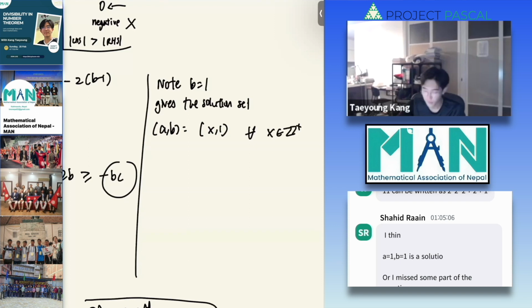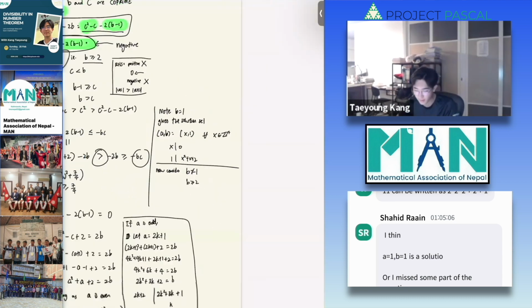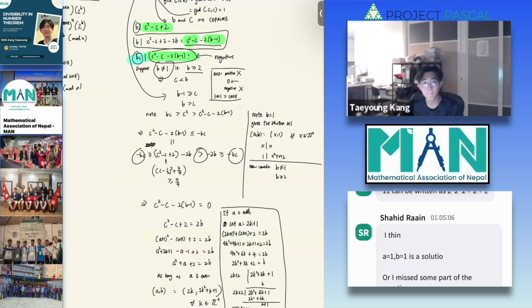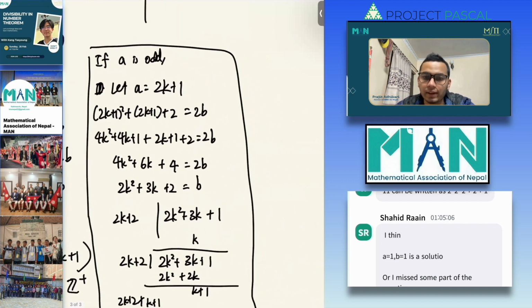And that's obviously true because x divides 0 and 1 divides x squared plus x plus 2, right? So after this, we just state: now consider B not equal to 1, so B is at least 2. And then the rest of the proof works. Yeah, let's proceed.